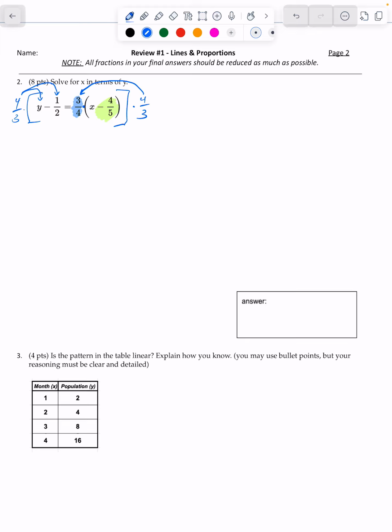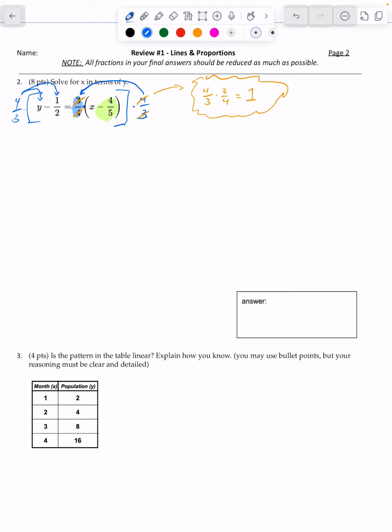The parentheses stays untouched here. And the reason I chose 4 over 3 is because, note that 4 over 3 times 3 over 4 equals 1. So it causes my fraction to go away.